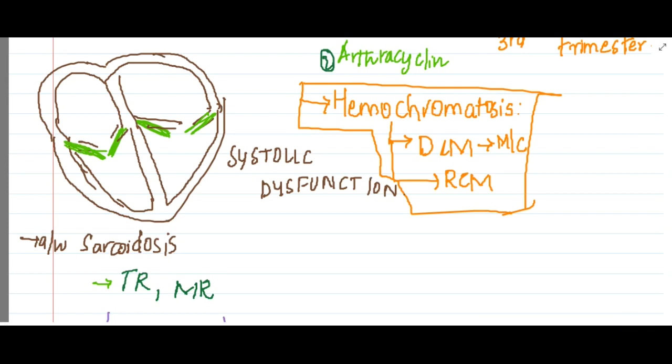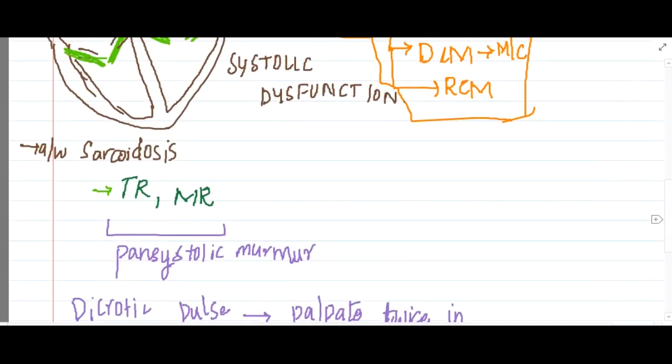Clinical features: this is seen mainly between 20 and 50 years of age, though it also occurs in childhood.